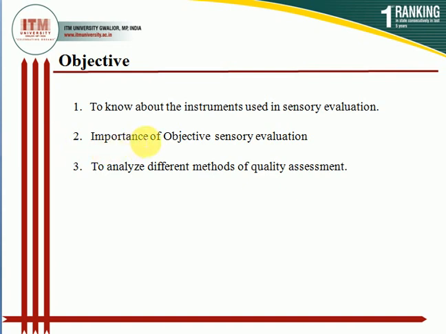There are three main objectives of this topic: to know about the instruments used in sensory evaluation, the importance of objective sensory evaluation, and to analyze different methods of quality assessment. These are the three main objectives of this topic.